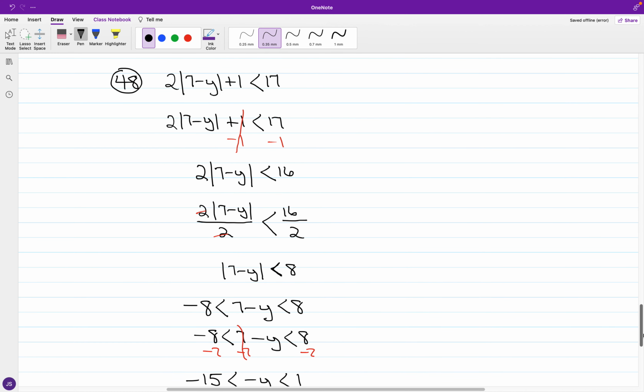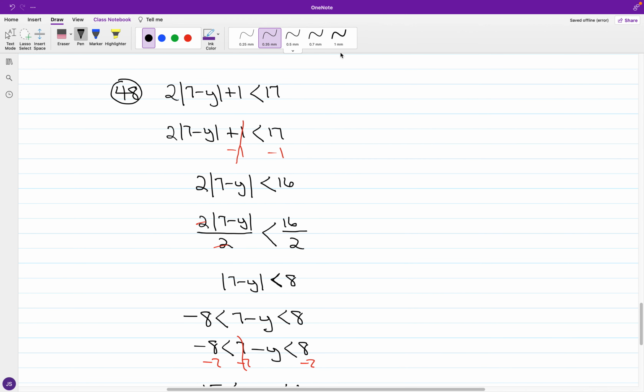All right, and for number 58, this time we're looking at the variable d.